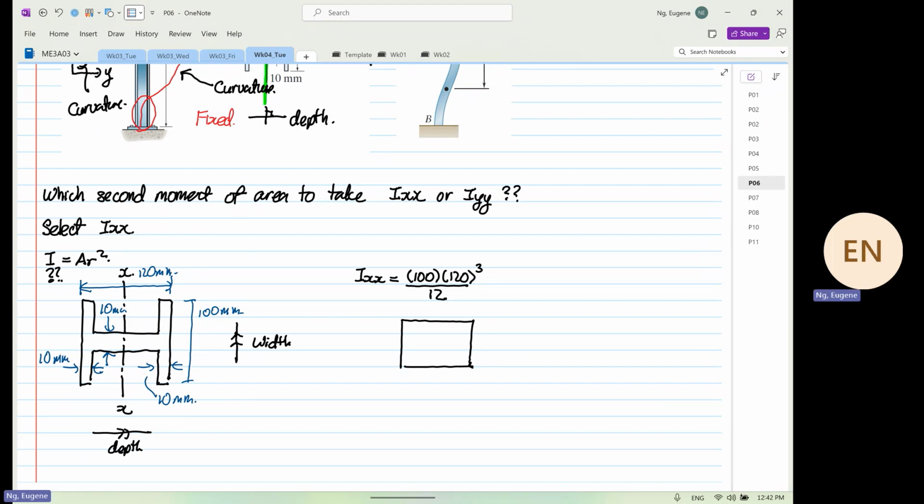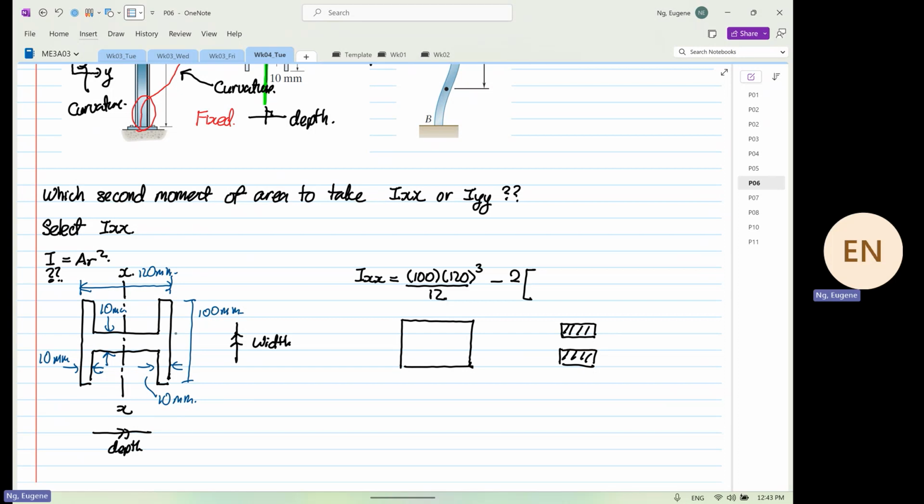So what I'm going to do is I'm going to minus up, take away the top and the bottom portion. Okay. So this is minus 2 because there's a top and a bottom.